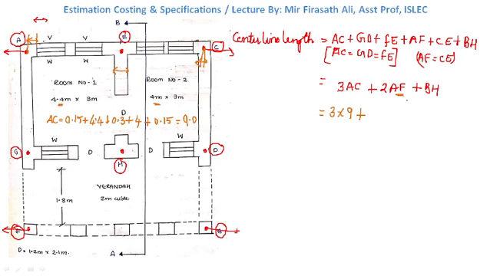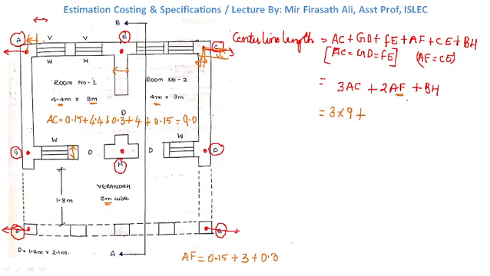Now let us calculate the length of AF. How to calculate the length of AF? Look over here. AF is equal to, see, again this wall distance is how much? 0.15, plus this dimension is 3 meters. We have one wall over here, what is the dimension for that wall? 0.3.